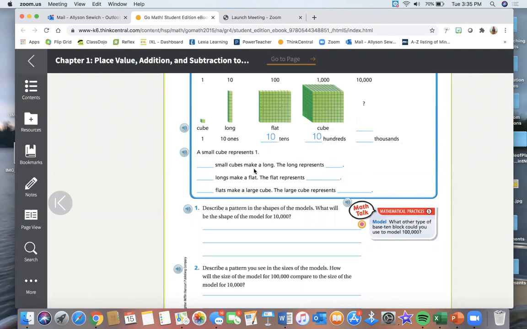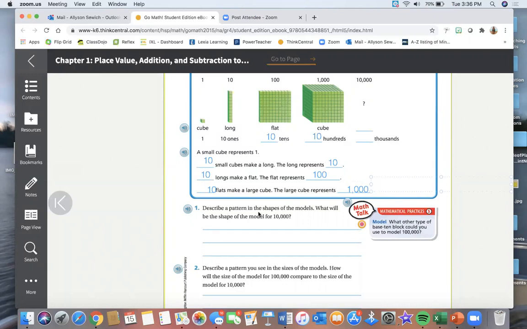All right, so 10 small cubes, 10 longs, make a flat, and the flat represents 100. And 10 flats make a large cube, and the large cube represents 1,000. All right.